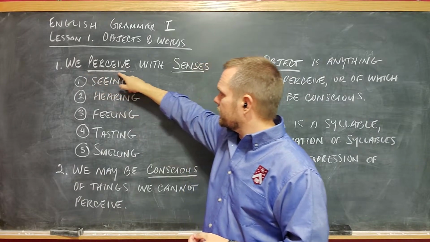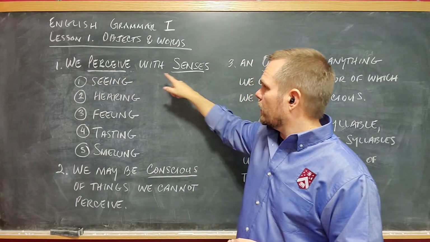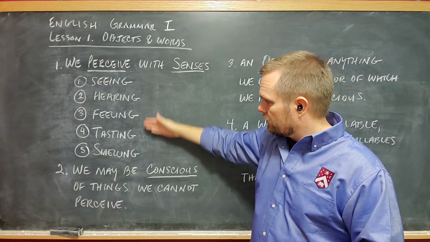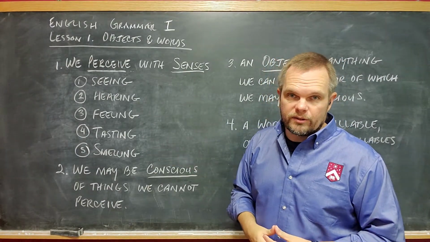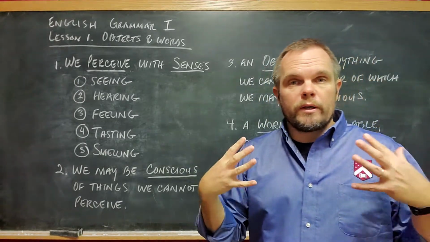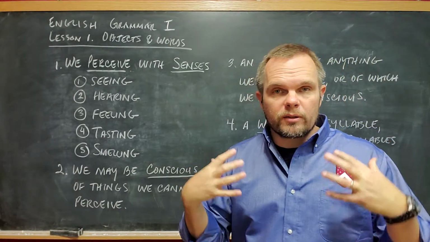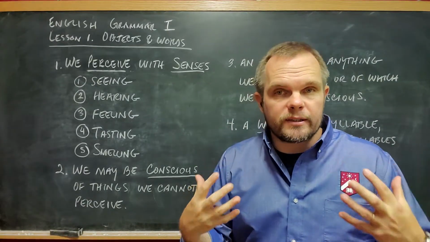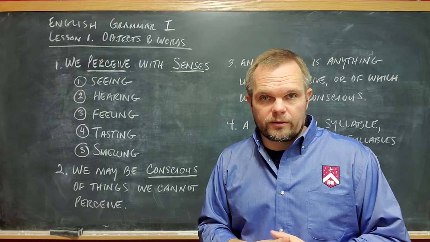We perceive with our five senses. And we know what those five senses are. So when we learn and when we know things using our five senses, we perceive those things.